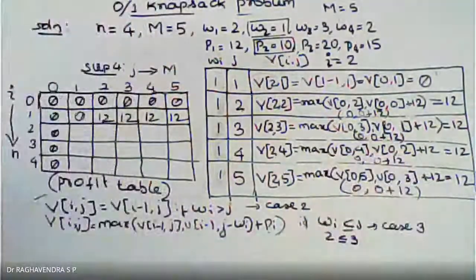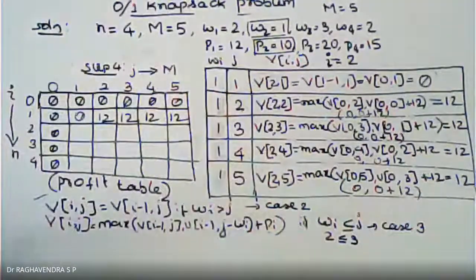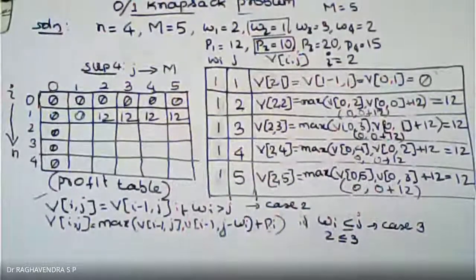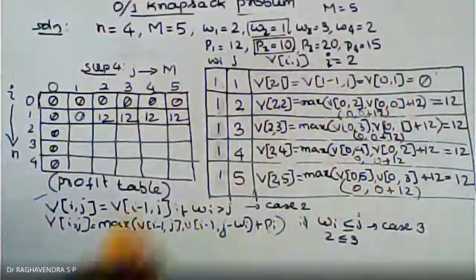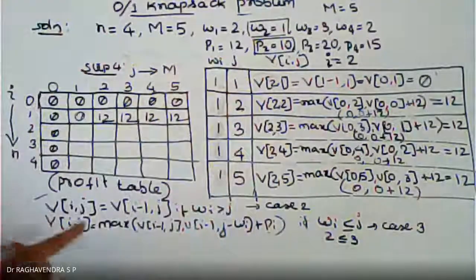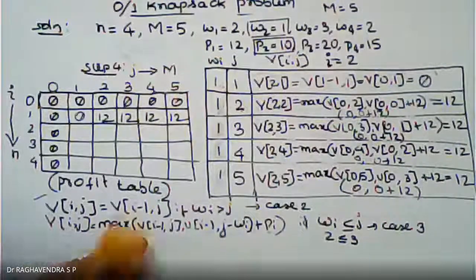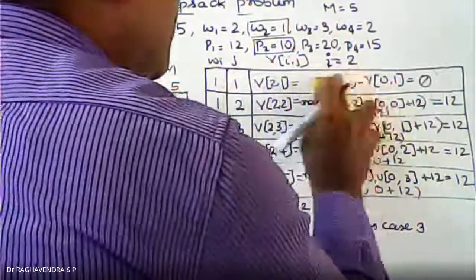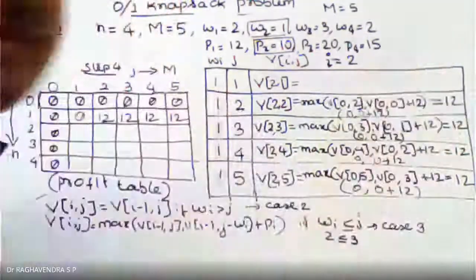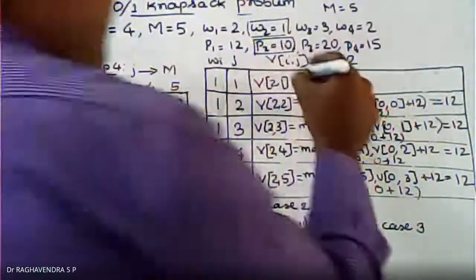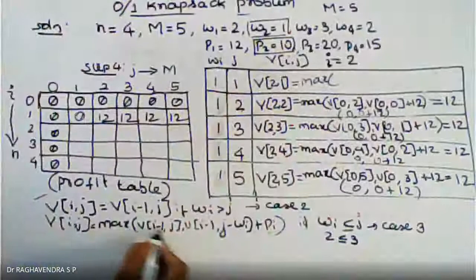So case 3 means we have to write this formula. V of I comma J is equal to max of V of I minus 1.